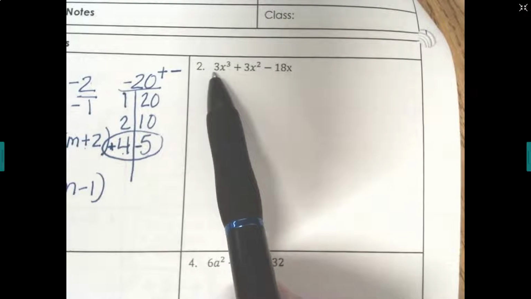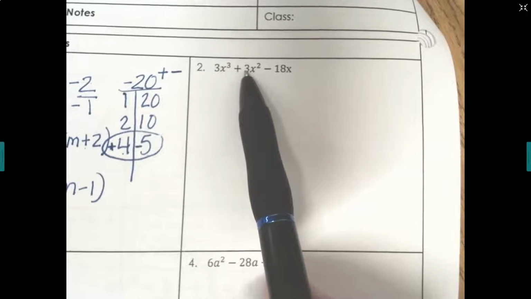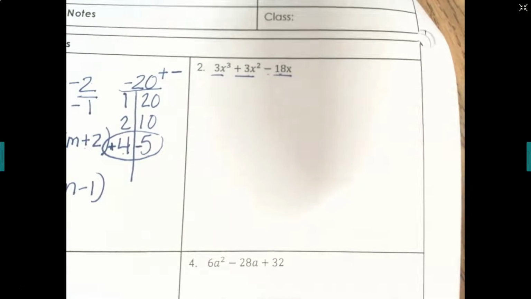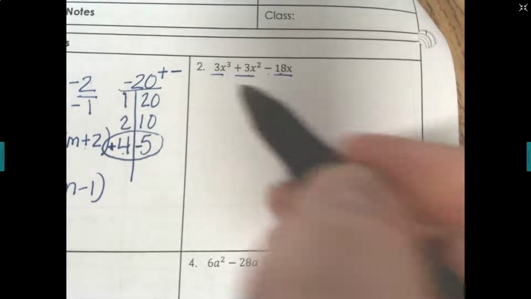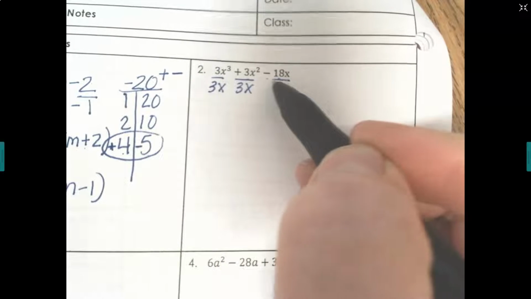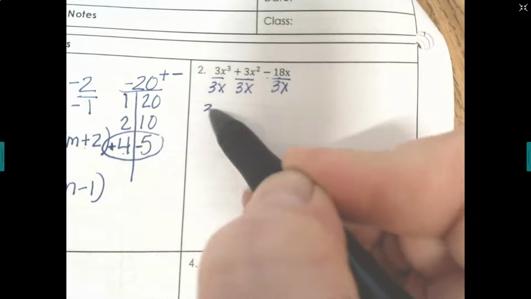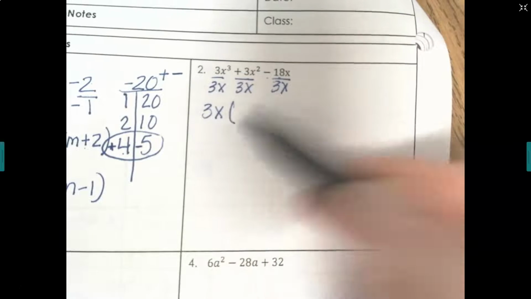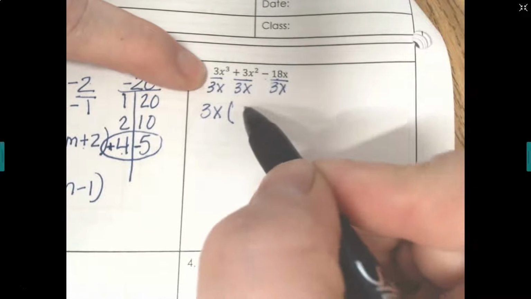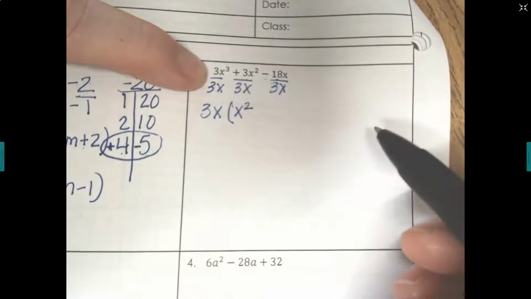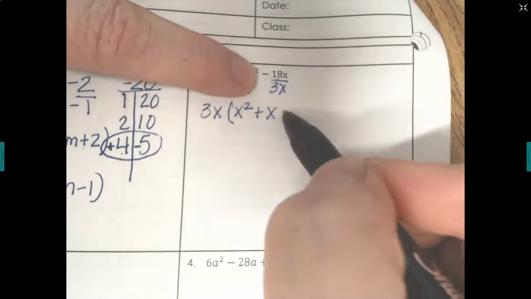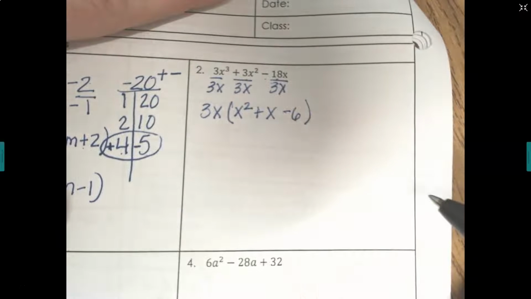I also looked at the numbers, and I know 3 will go into 3, and I also know that 3 goes into 18. So I have a GCF that I need to pull out before I even begin this problem, of 3x. When I divide out the 3x, I am left with x squared plus x minus 6.